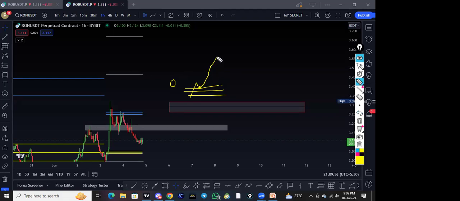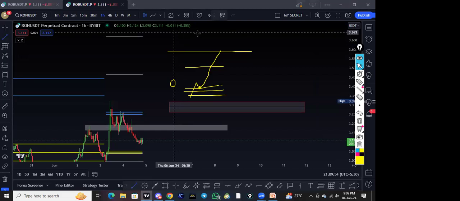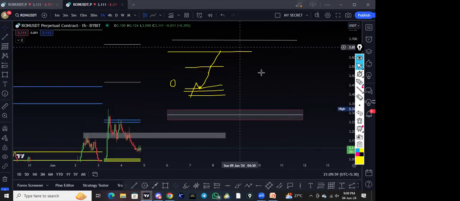If the market reaches R1, crosses R1 and reaches R2, I'm talking about daily. This is a daily. You should be very clear where the weekly R1 is. Assume this is weekly R1. Okay, you know that weekly R1 is here, correct?